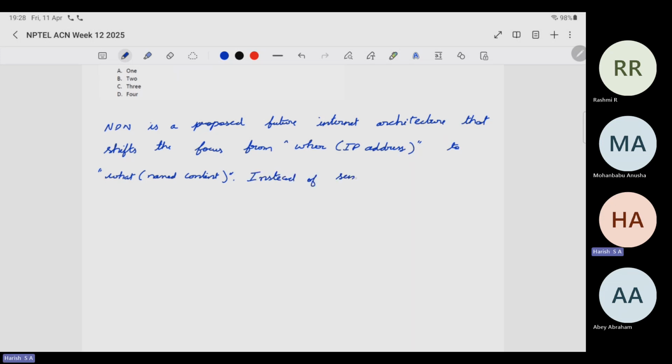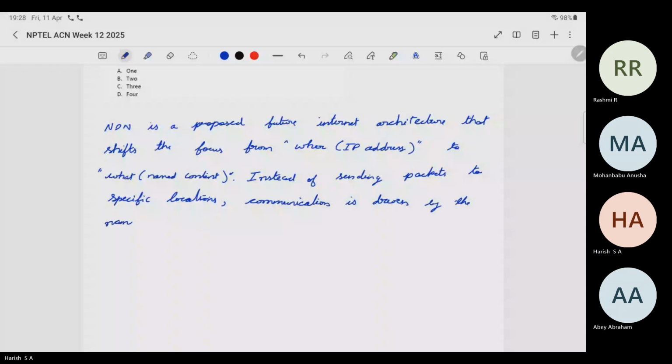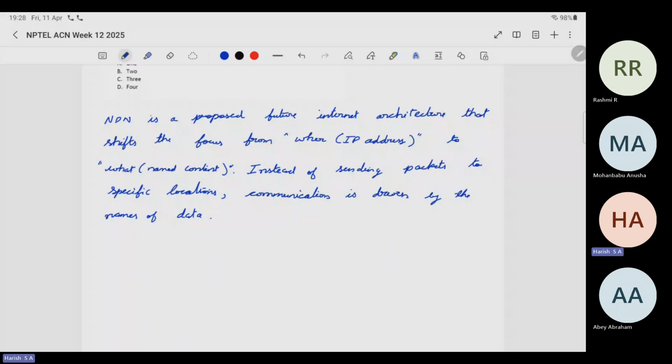Instead of sending packets to specific locations, communication is driven by the names of data.